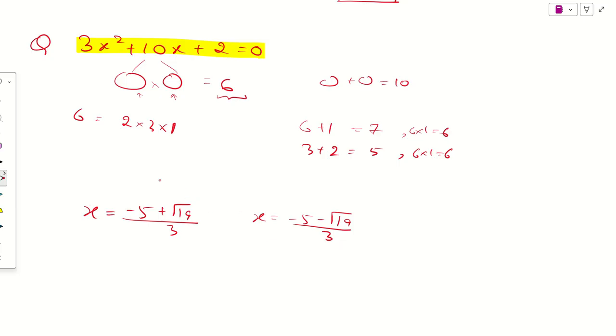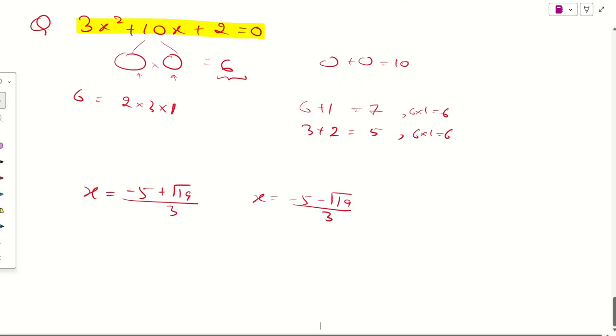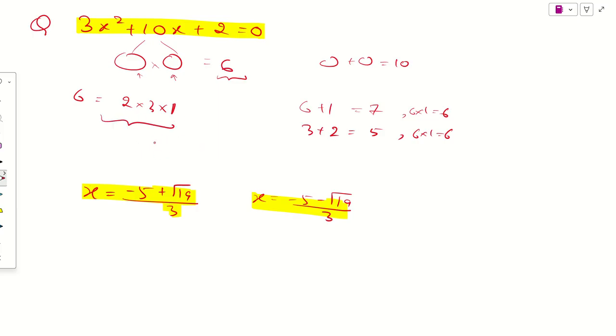If you put this x value in the equation, you will get 0, because these are the roots of your equation. But they are very unlikely to guess, and we cannot find roots by factorization here. That's why we are introducing another method, a direct method, the formula method.